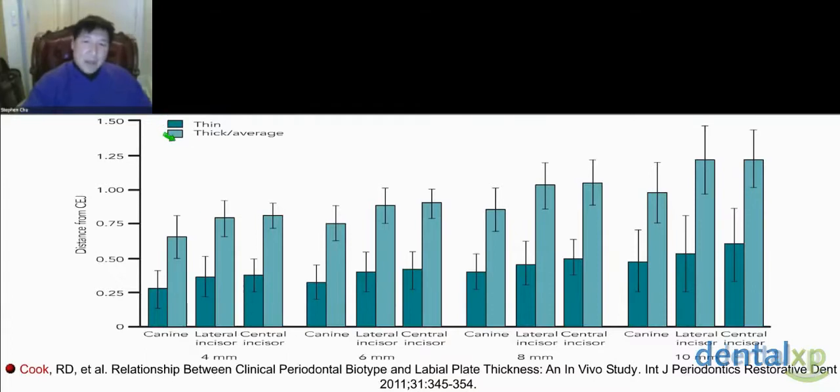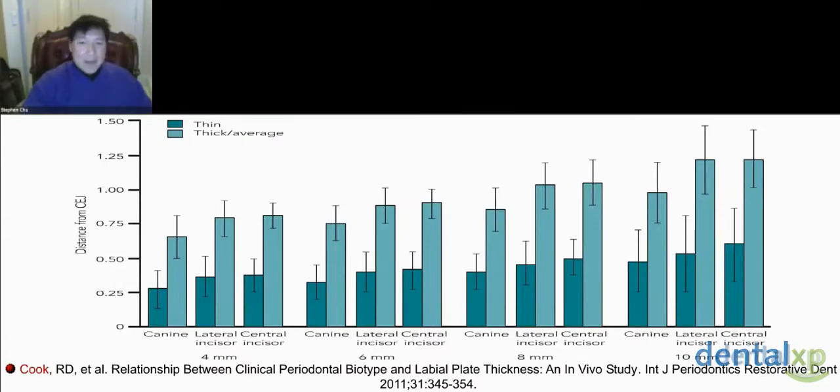If we look at the numbers, you can see clearly that what Lindhe reported was correct: the thick biotype patients had a buccal plate thickness of 1 millimeter or less, and the thin biotype patients had a buccal plate thickness of 1/2 millimeter or less.